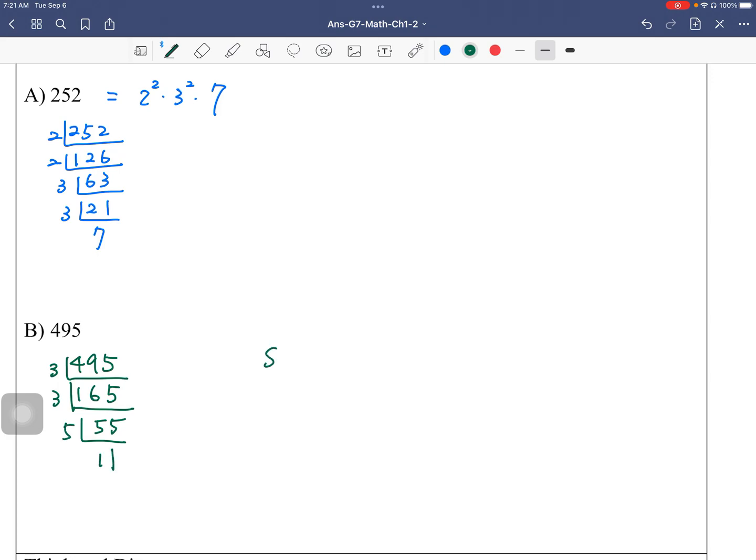I need to start from the smallest prime number and then factor.